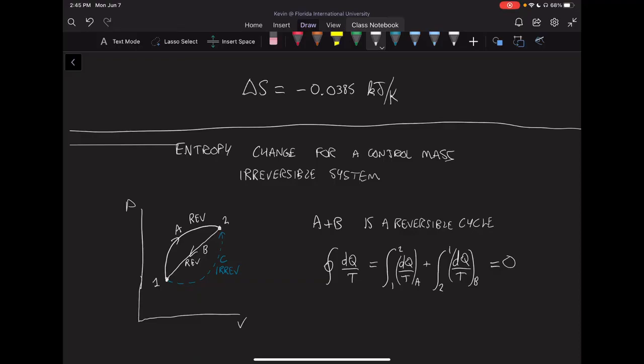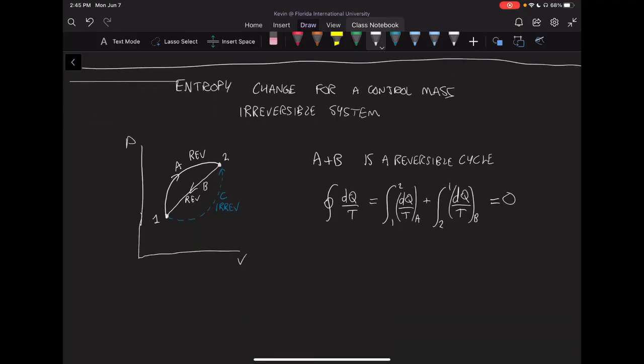Now, if we look at our process C plus B, we now have an irreversible system, and an irreversible cycle, essentially.